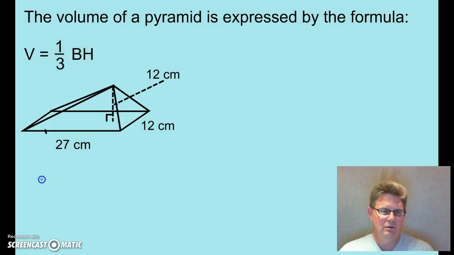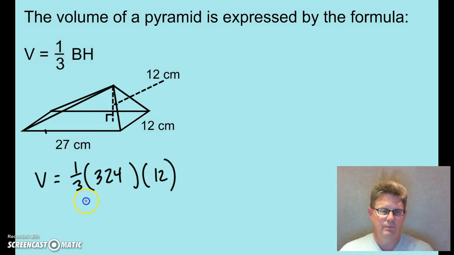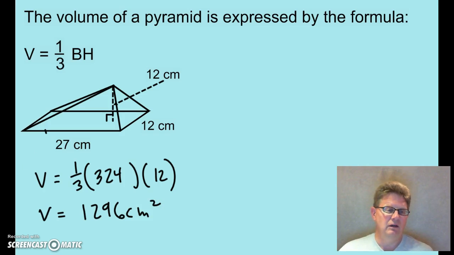So the volume equals 1/3, area of the base, which is that rectangle, 27 times 12, 324, times the height of the pyramid perpendicular to the base from the vertex, which is 12. So the volume equals 1,296 centimeters cubed.